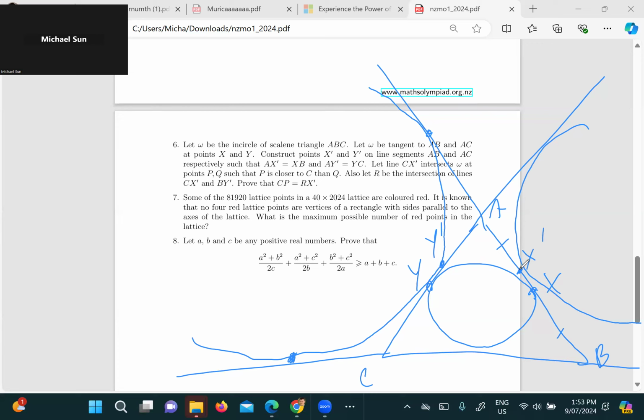Okay. P and Q. And let R be the intersection of the lines CX prime and BY prime.